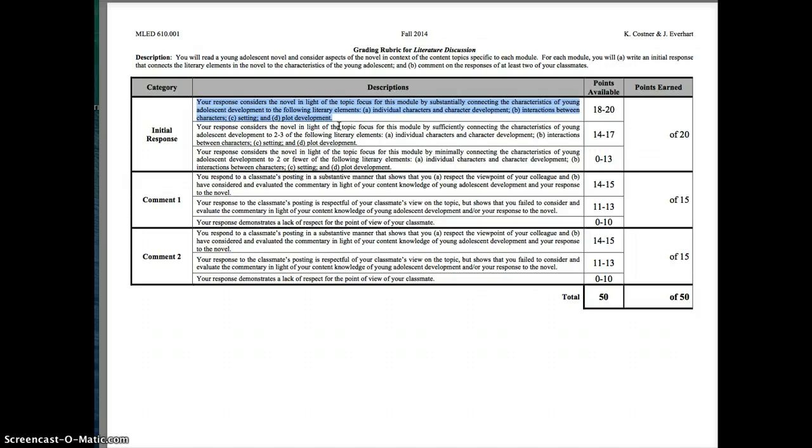And you can do this. If you think about the fact that the class runs over the course of 8 weeks, then 2 of those weeks are devoted to Module 1. So even in this first week, you will obviously have to start reading Crash, but you will be able to do those 4 things related to intellectual and emotional development without having read the whole novel. If that makes sense.